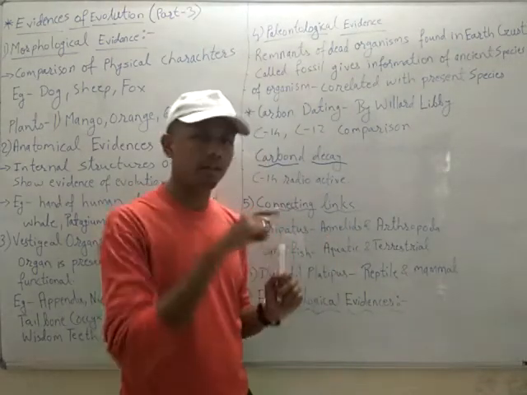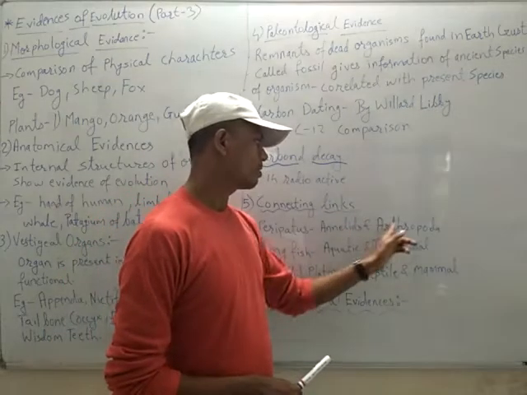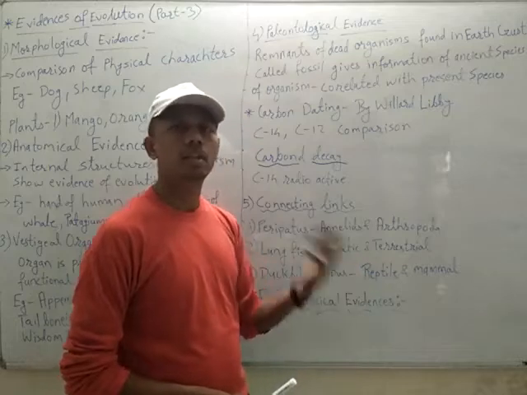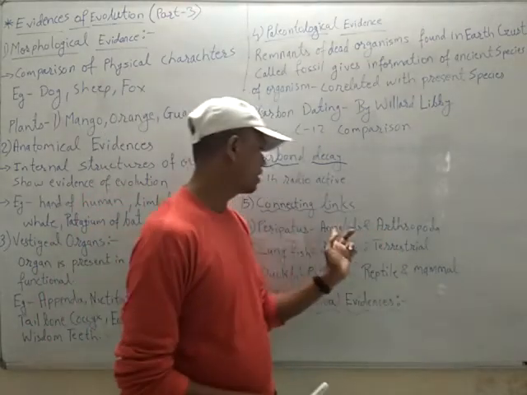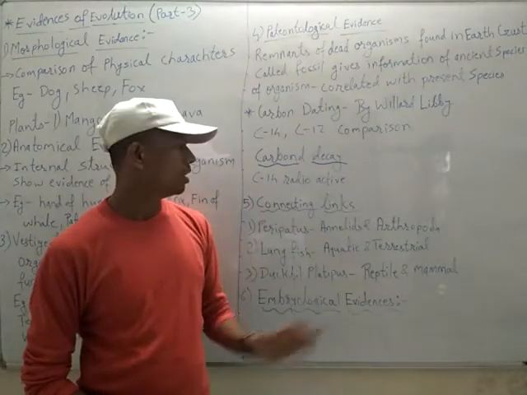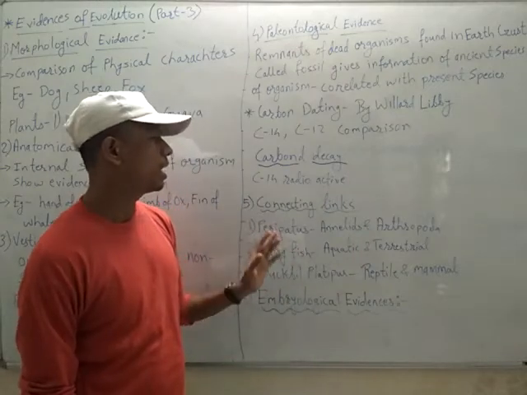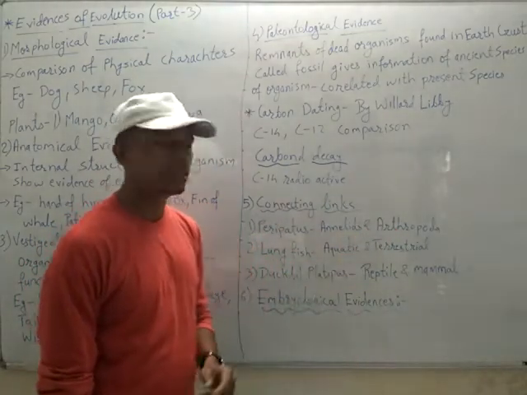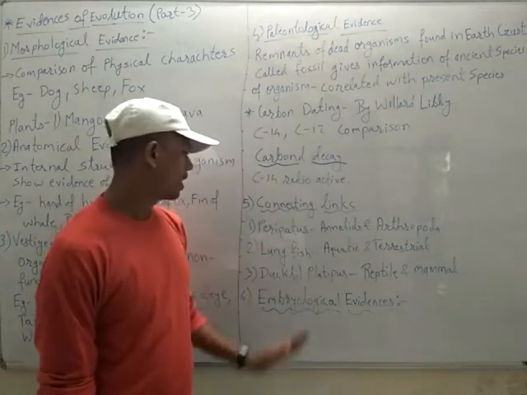The body is segmented, with ring-like structures present on the body. So both these characters are seen in the Peripatus. Peripatus has both characters, a segmented body as well as jointed appendages. So it is a connecting link between annelids and arthropoda.